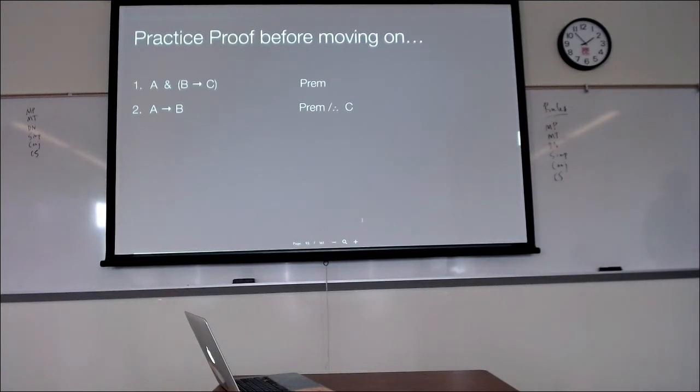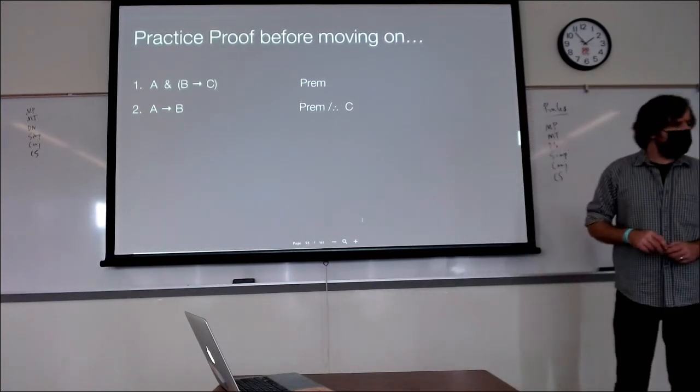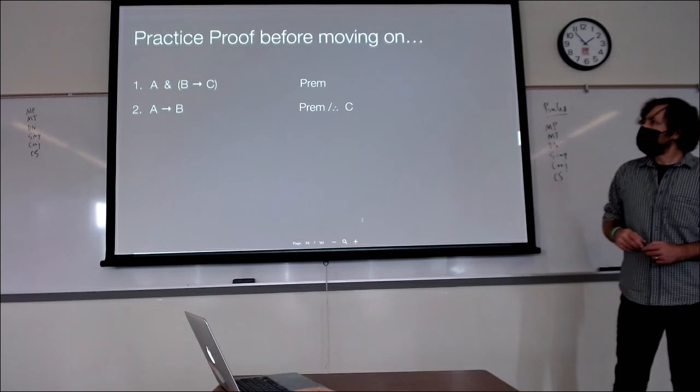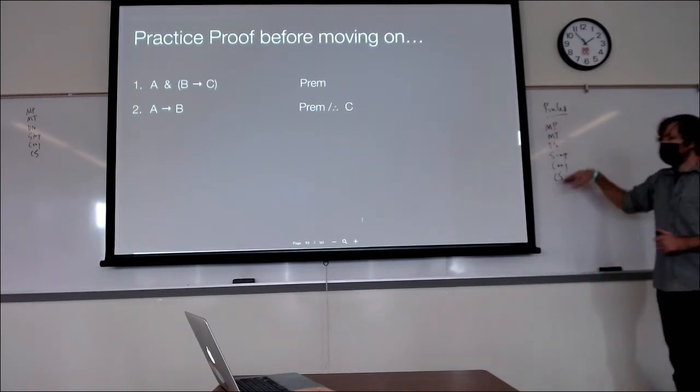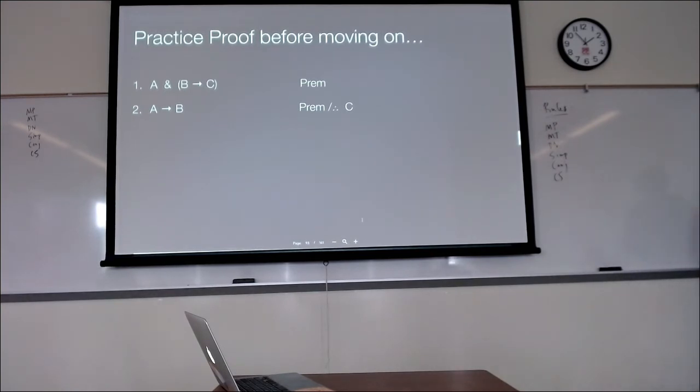Okay. So in this particular proof right here, I want you to start working on it. See how far you get on it. And you can use any of these rules. Okay? So work on your own for a few minutes here.